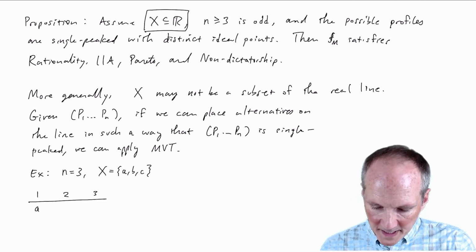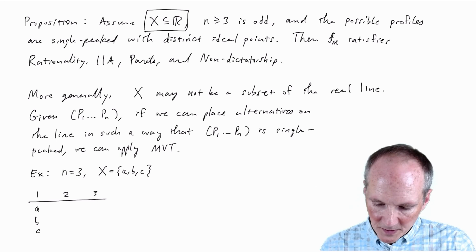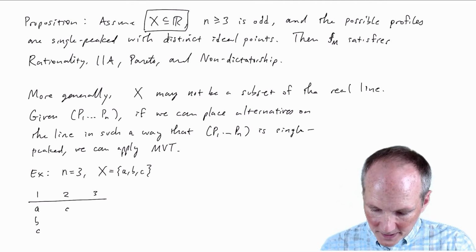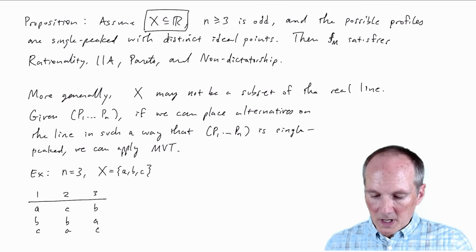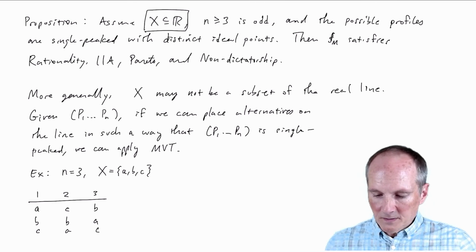Person 1 prefers A to B to C, and person 2 prefers C to B to A, and person 3 prefers B to A to C.